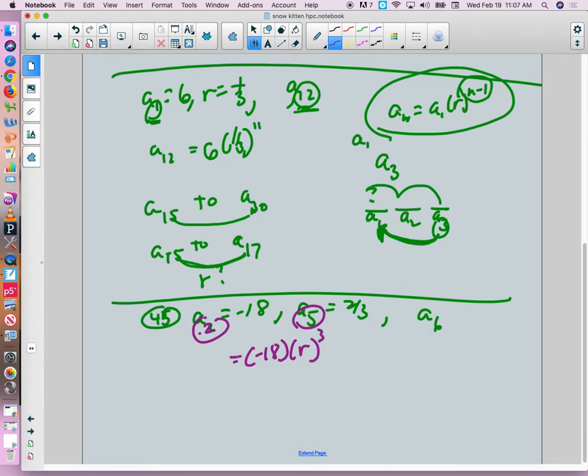And I know that the 5th term is 2/3. So you see, common sense-wise, I'm saying, oh, I started here. I multiplied by r times r times r to get that number. And I am sort of using the formula, but the formula's got an a sub 1 in it. To me, that just means wherever you're starting me, I'm going to get to the other place. Okay? And then I would multiply by negative 1 over 18.